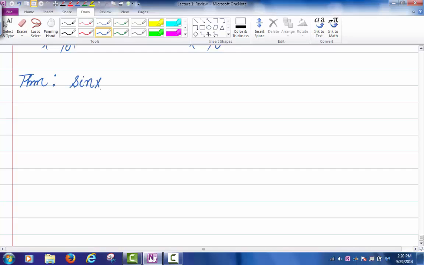The function sine x and the function cosine x, they are both continuous on the entire real number line. I can give you a rigorous proof of that, but I won't.